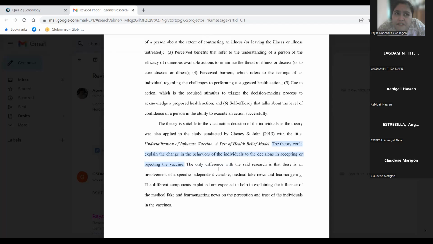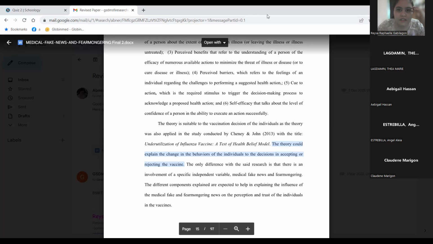Kasi pag health belief model, yung mga belief ng mga tao magkakaroon ng effect doon sa decision making nila in terms of accessing yung mga health services. That's the health belief model. So talagang swak talaga siya sa research nila. Okay?